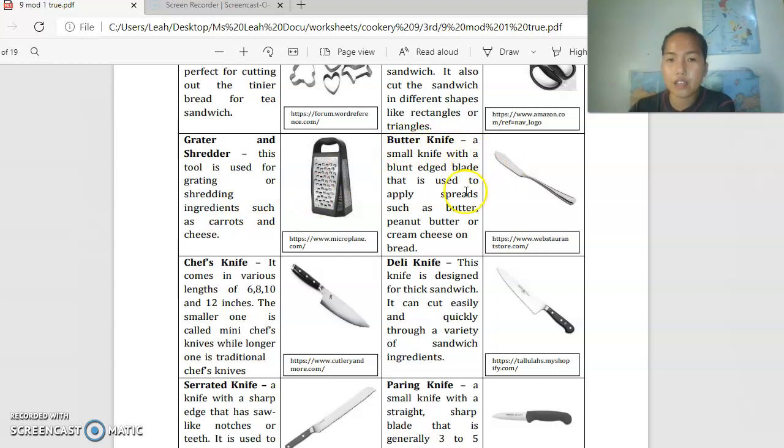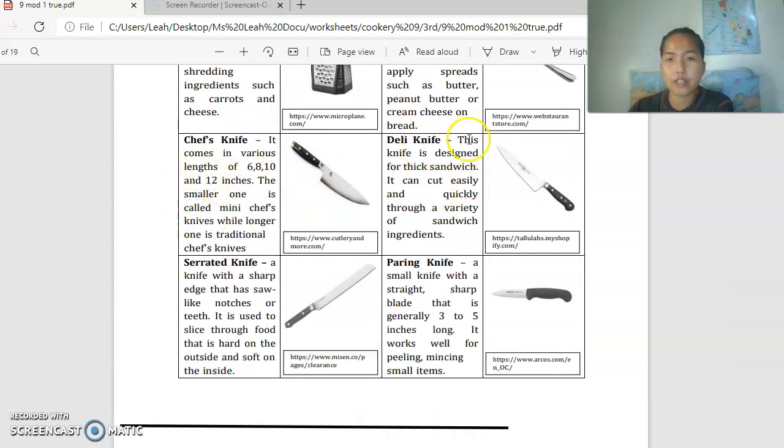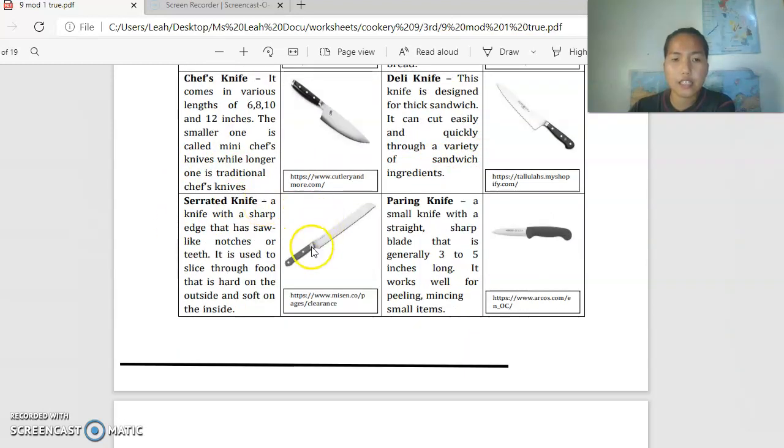Butter knife, used to apply spreads also. We have chef knife, deli knife, serrated knife. Serrated because it has a sharp edge that has slight notches or teeth.